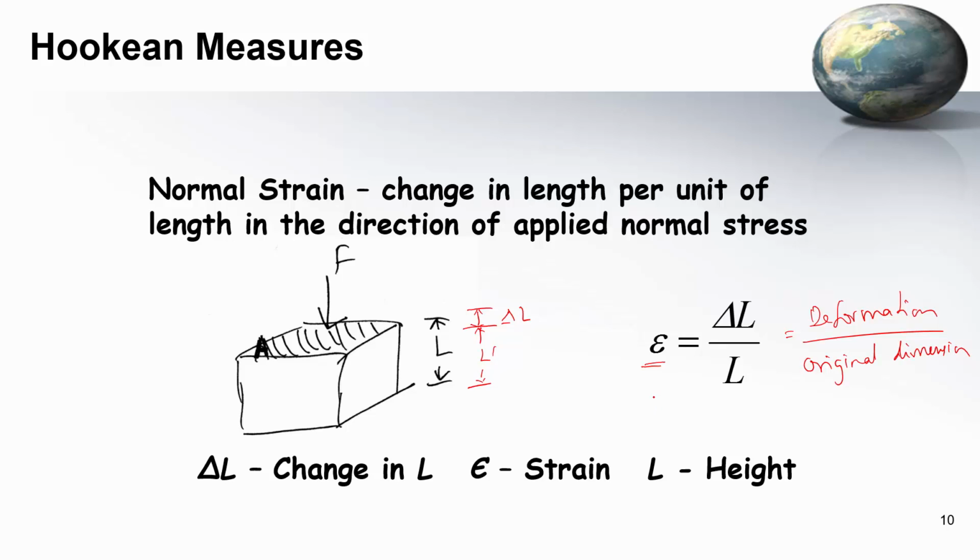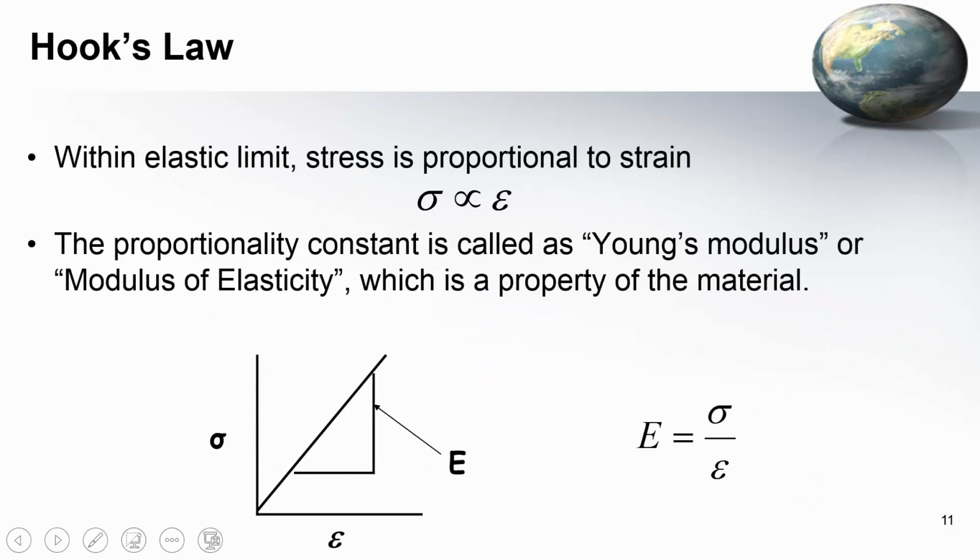That's the strain. It is unitless, with no units. Hooke's law states that stress is proportional to strain. The higher the stress applied, the more the deformation and the greater the strain. The proportionality constant is Young's modulus, or modulus of elasticity, which is the property of a material.